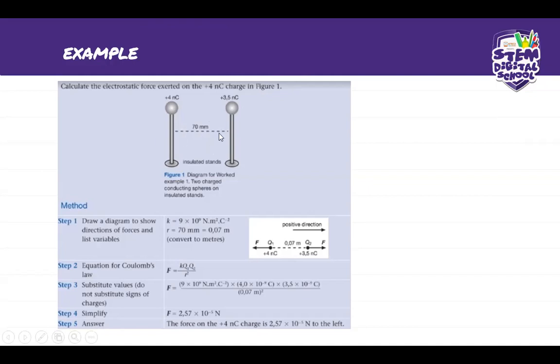Okay, but make sure that here we always convert to meters. Always convert this to meters. Okay, and then this one is power of 9 C.